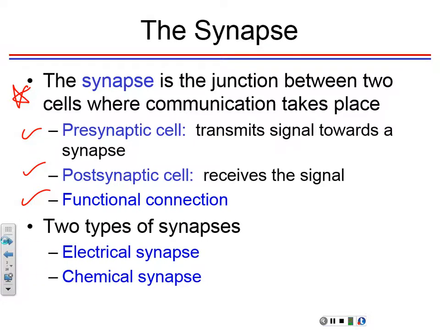So there's two types of synapse. One is called an electrical synapse, all right? This one we haven't talked about, okay? An electrical synapse is when cells are connected by gap junctions, all right? And these gap junctions are protein channels that will let ions go through, okay?